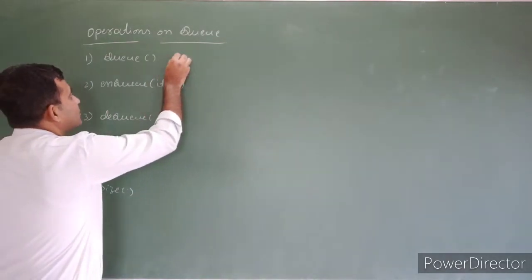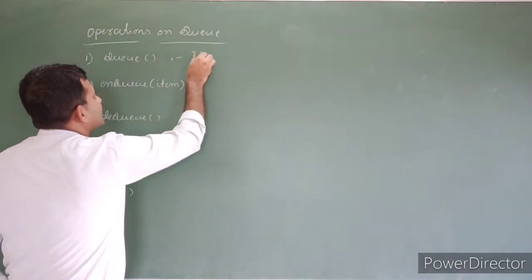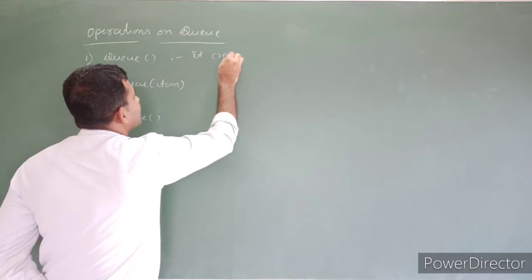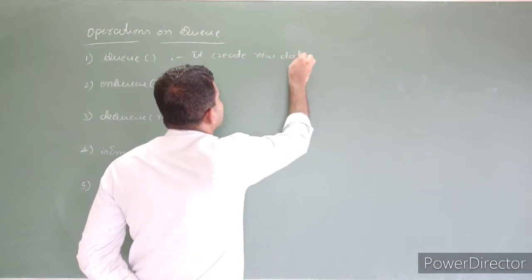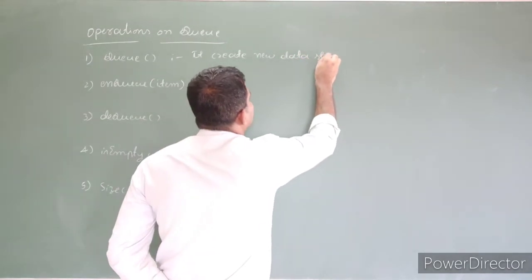The first one is Queue. Queue means it creates a new data structure.